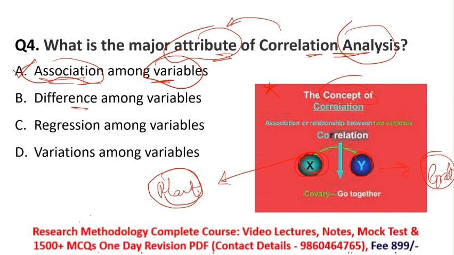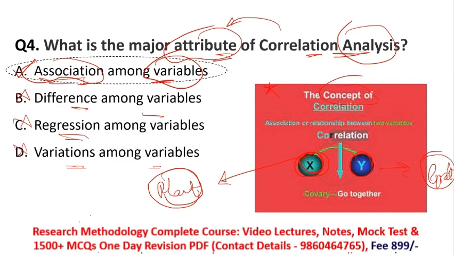Then option B, difference among the variables. No. In correlational research we describe the relationship among the variables. Regression among the variables, again no, and variation among the variables, again no. So for this question option E is the right answer, association among the variables.